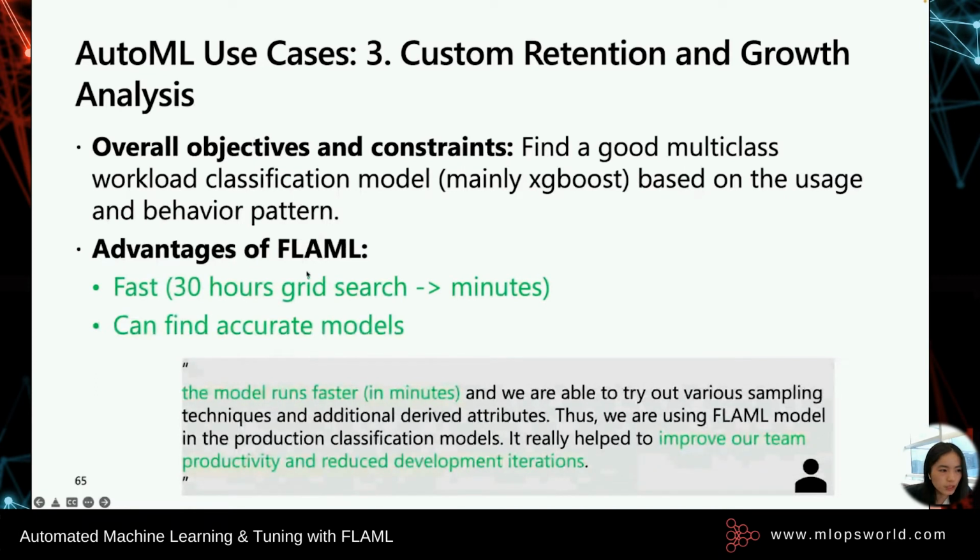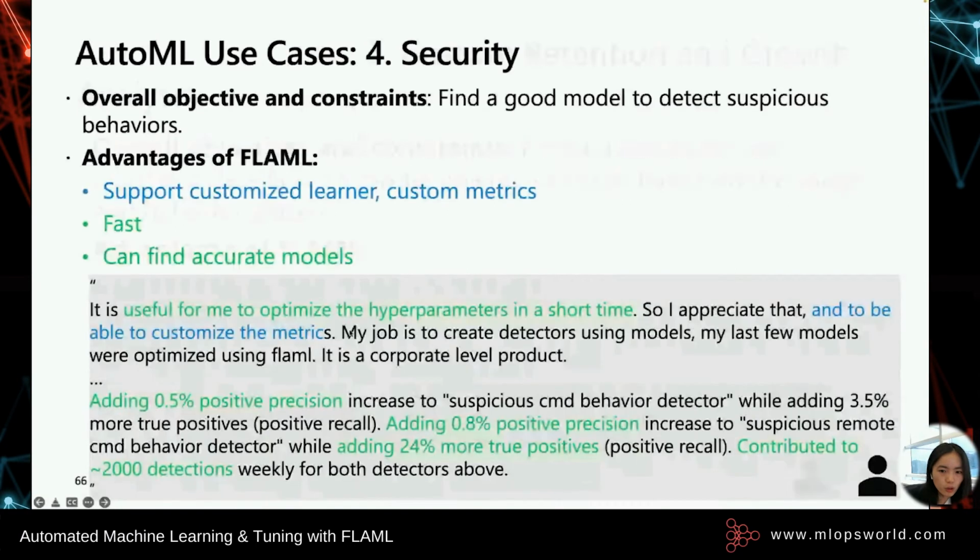The good performance of FLAML is especially helpful in their use case. The fourth domain is the one we mentioned from the security domain, where the good performance and easy customization of FLAML are especially helpful.